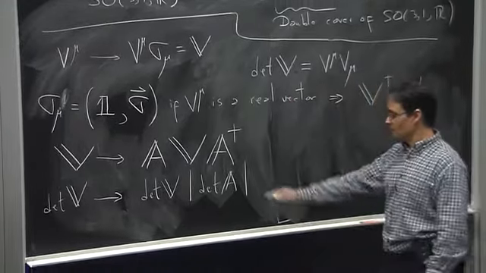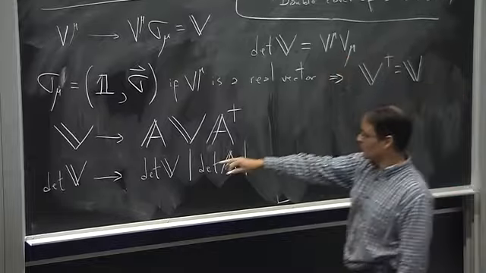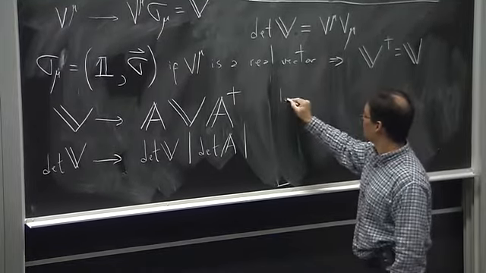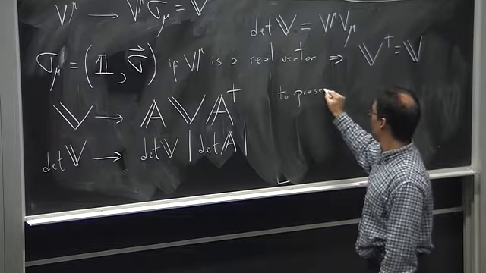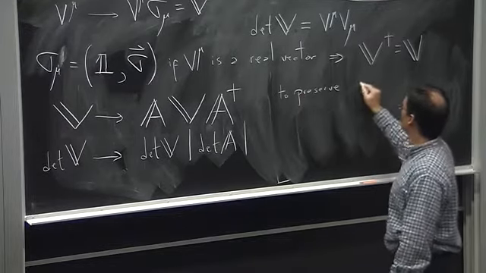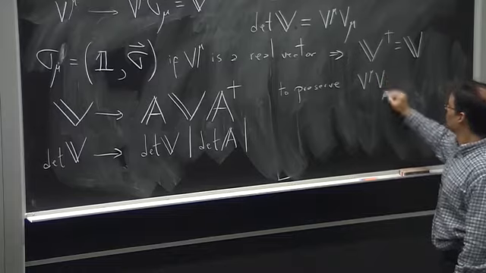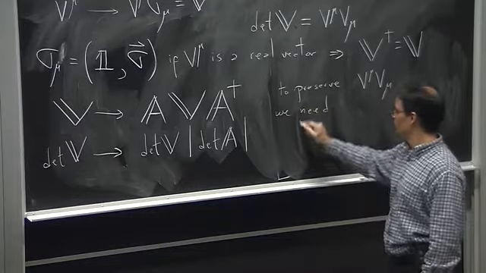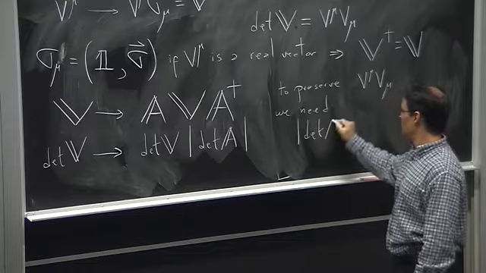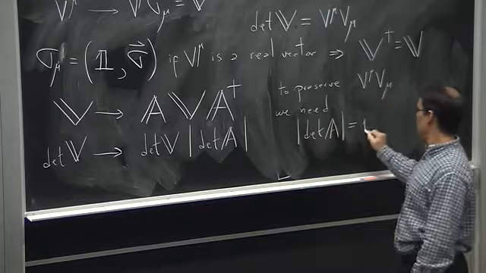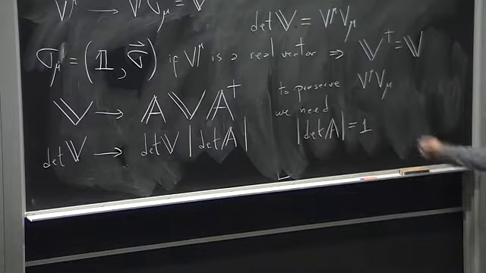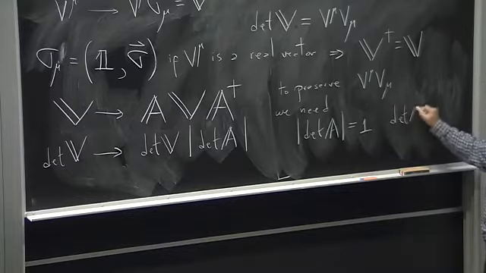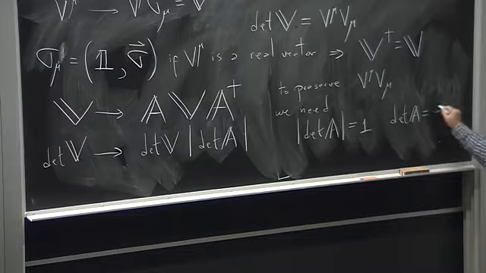So to preserve the norm, or to preserve the determinant, we need that the absolute value of the determinant of A is equal to 1. Well, that means that the determinant of A is a pure phase.